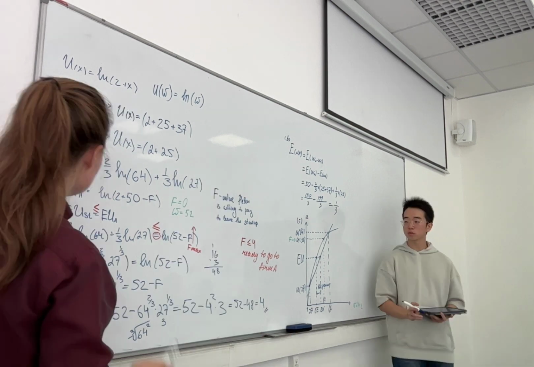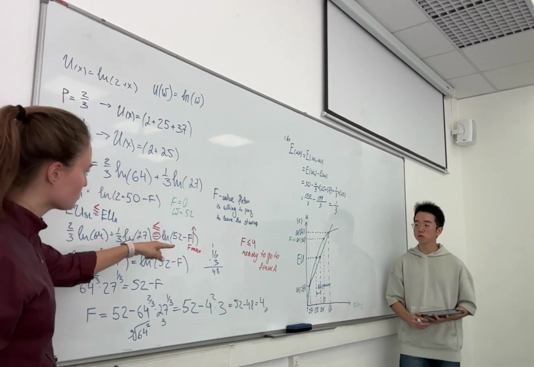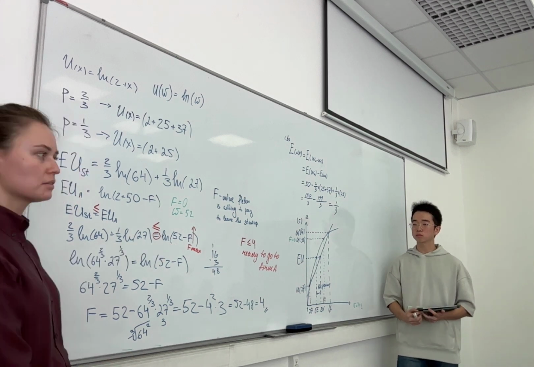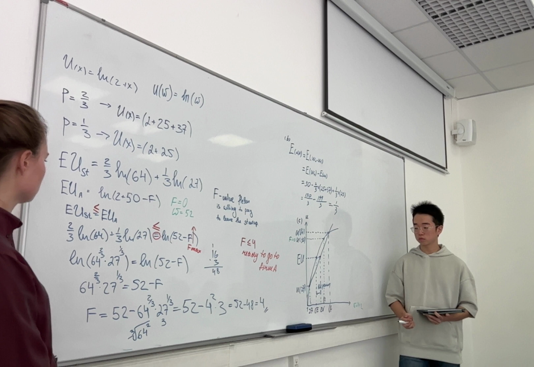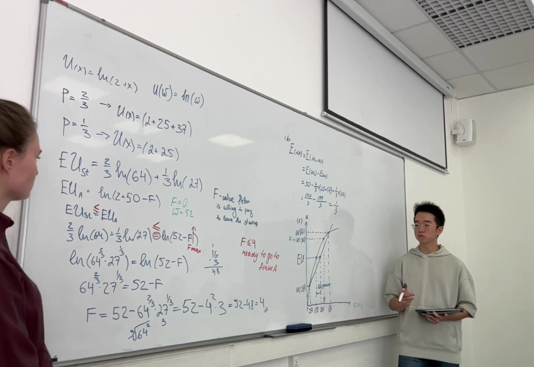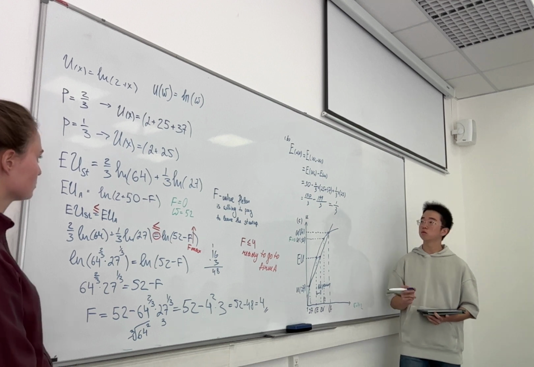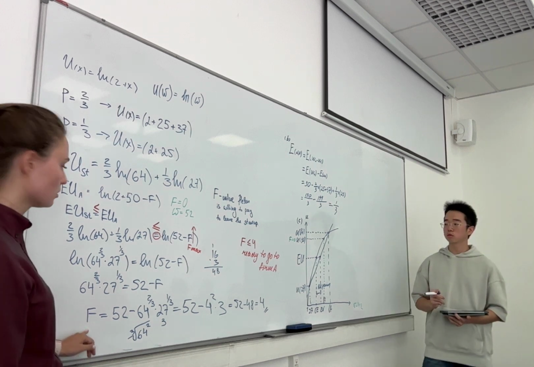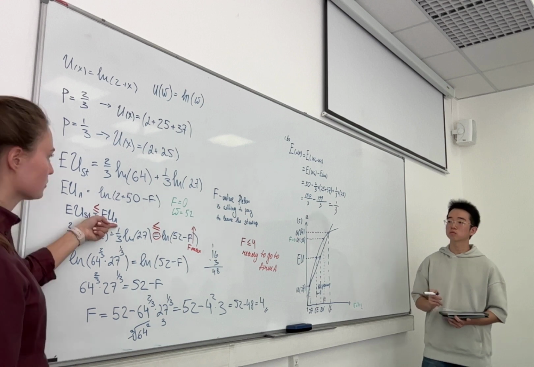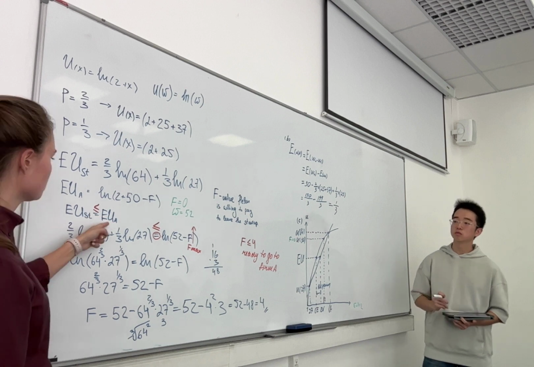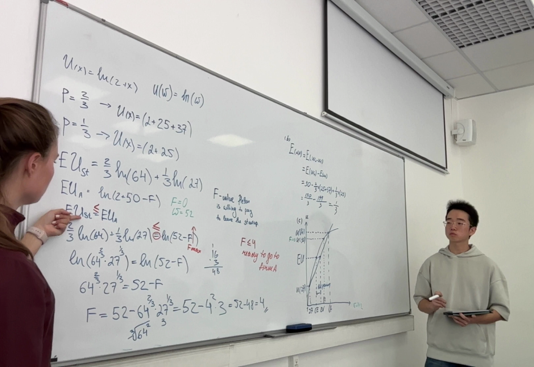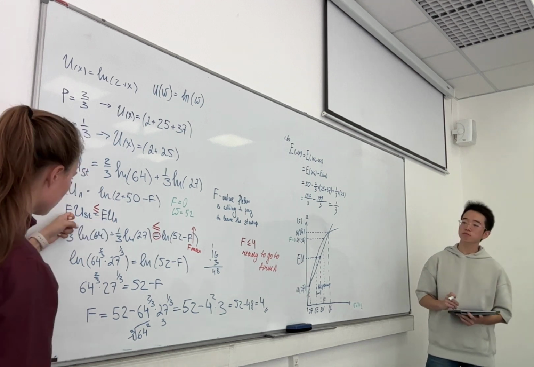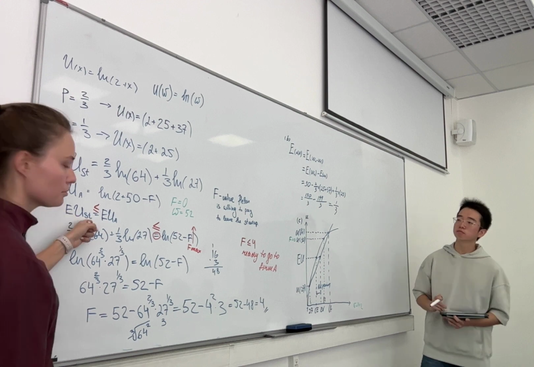How did we find this situation with maximal willingness to pay? What do we equalize? How did we find this maximal fee? We equalize expected utilities. The expected utility from A should be equal to the expected utility from the startup.